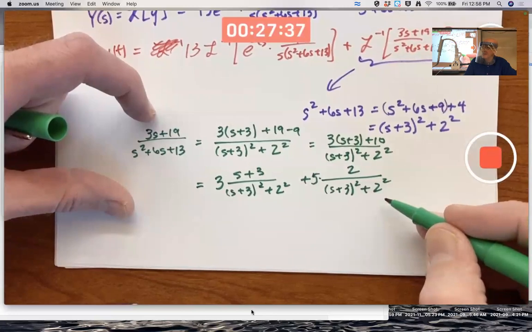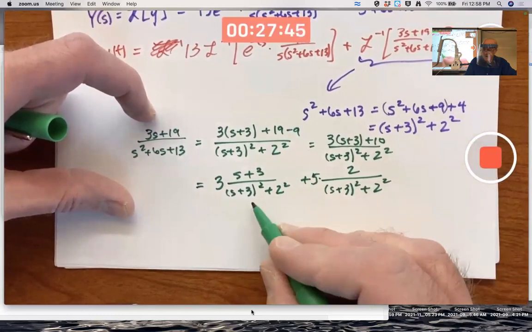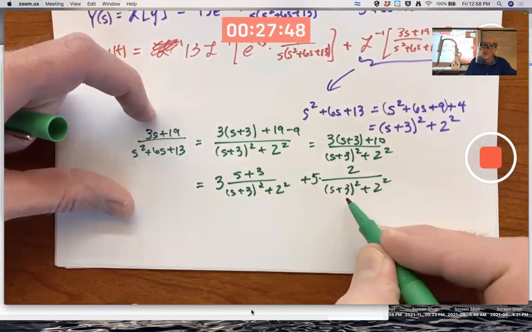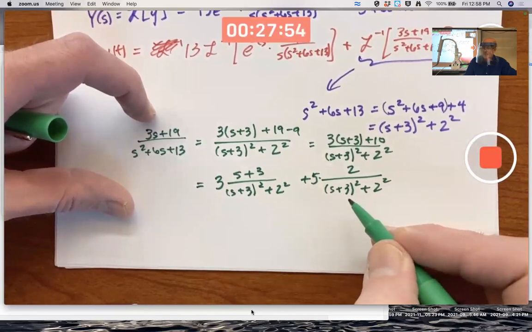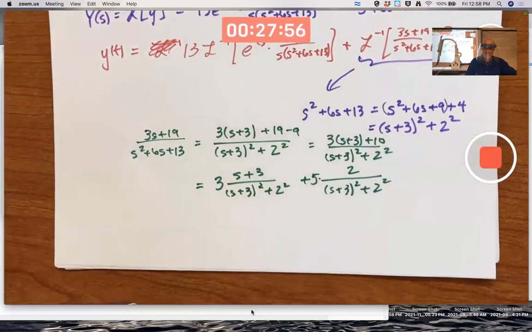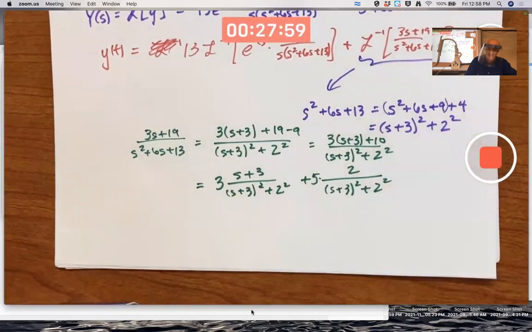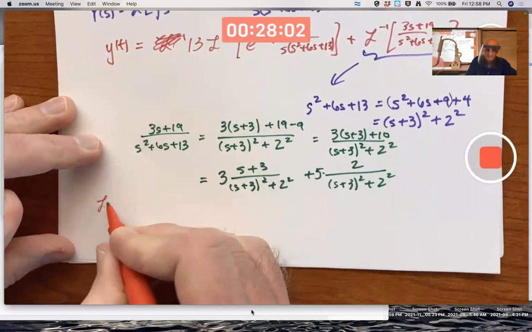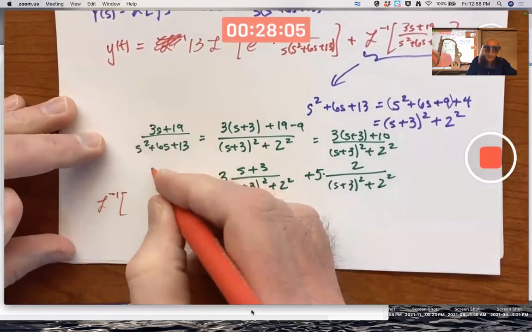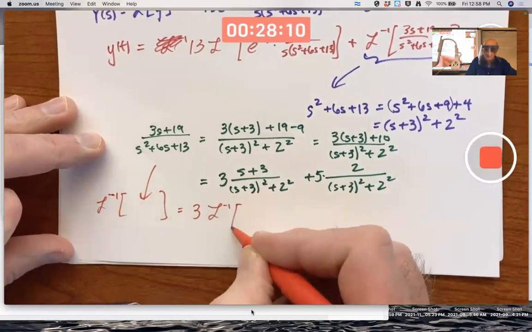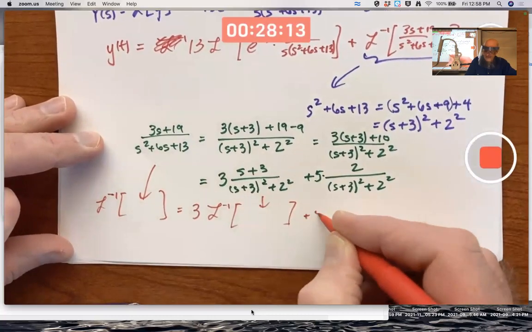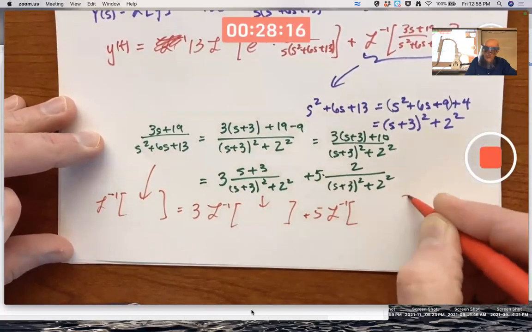Because the 2 is going to be the omega from the Laplace transform of sine omega t and cos omega t. And the a from the shifting on the s-axis property is going to be -3, because s plus 3 equals s minus -3. All this means, okay, let's write it out, that the inverse Laplace transform of this thing is 3 times the inverse Laplace transform of this thing plus 5 times the inverse Laplace transform of this thing.